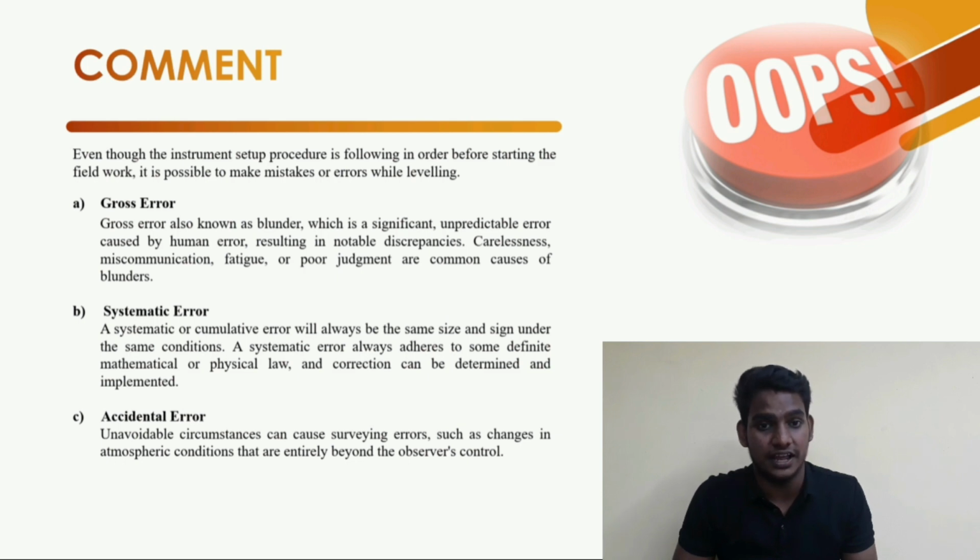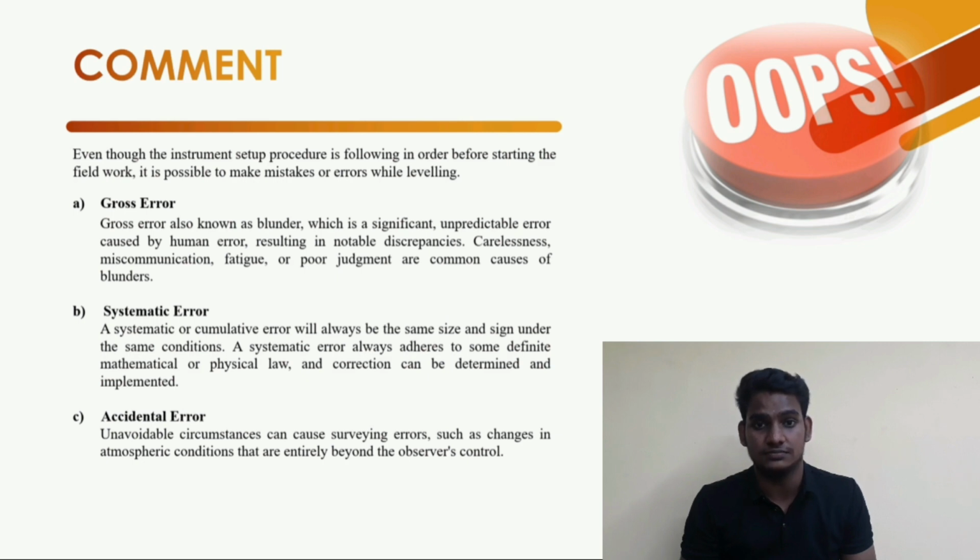A systematic error or cumulative error will always be the same size and sign under the same conditions. A systematic error always follows the same definite mathematical or physical law, and correction can be determined and implemented.